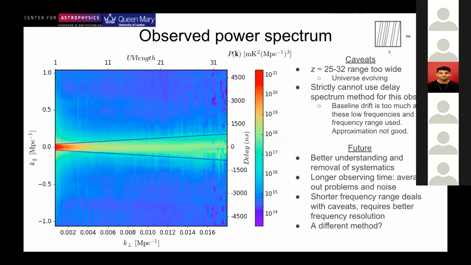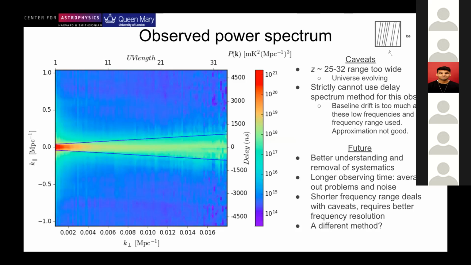So there are some issues or caveats related to what we've done. The Z range that we've used, 25 to 32, is really too wide because the universe is probably evolving. Ideally, we'd like to have a power spectrum that measures the universe when it's static, but for this Z range and those times, it's probably not the case.